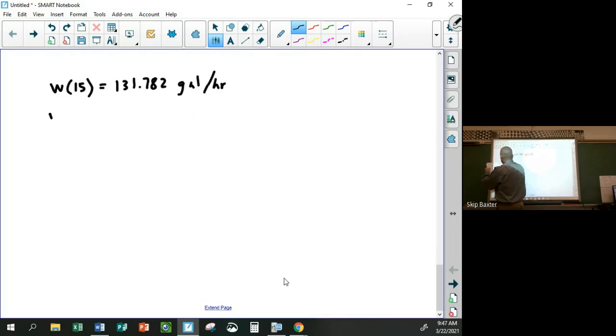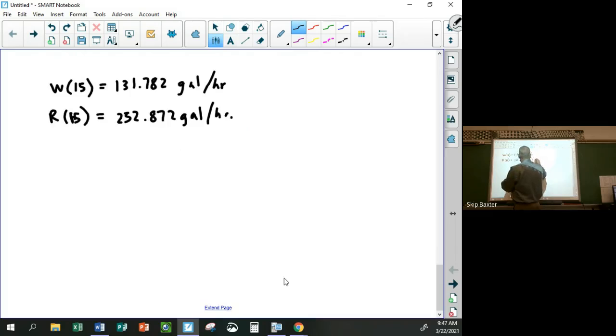And what is R of 15? Actually calculate that and say what it is, 252.872 gallons per hour. Now you can say for sure that water is being pumped out faster than it's being pumped in, so therefore the water level is decreasing. You have to have numerical evidence. You can't just say this is greater than that if you don't have any numbers to back that up.